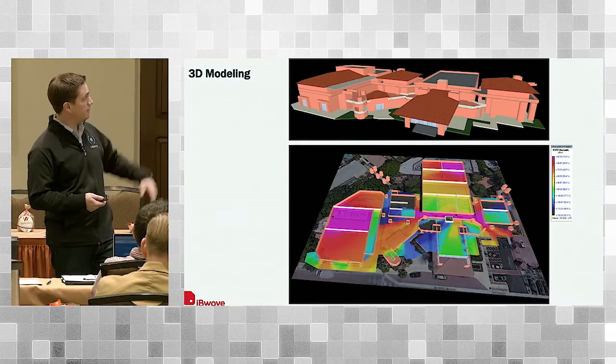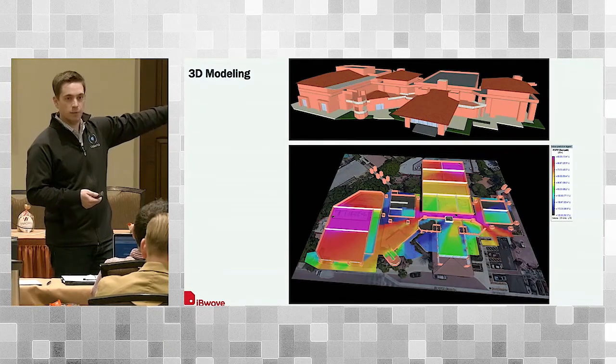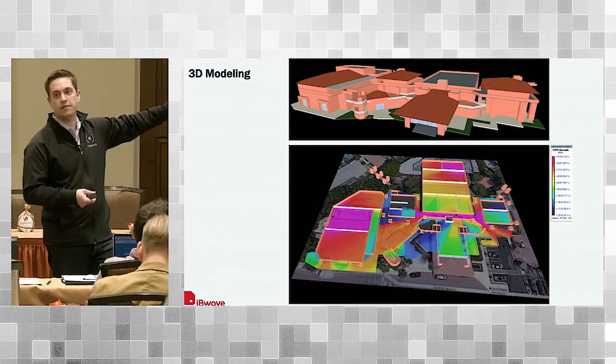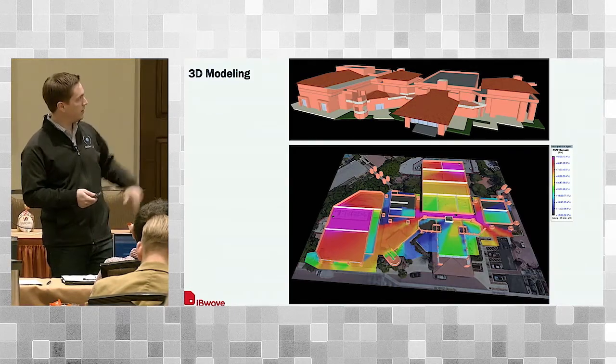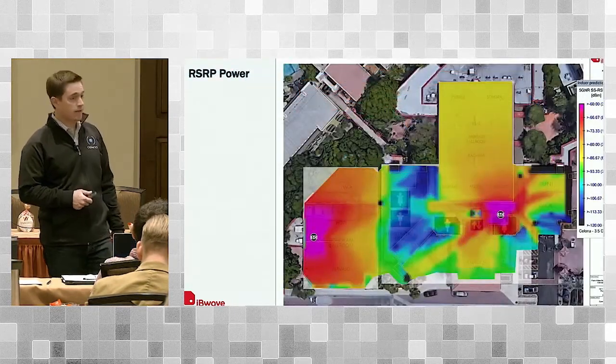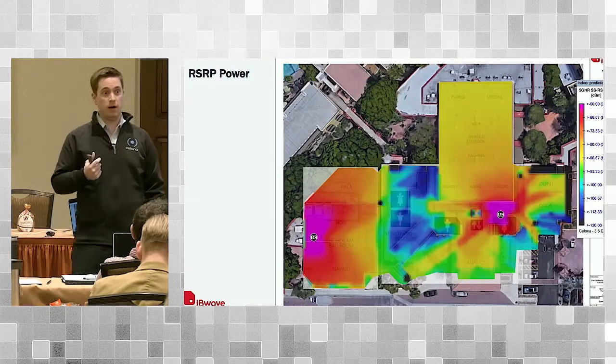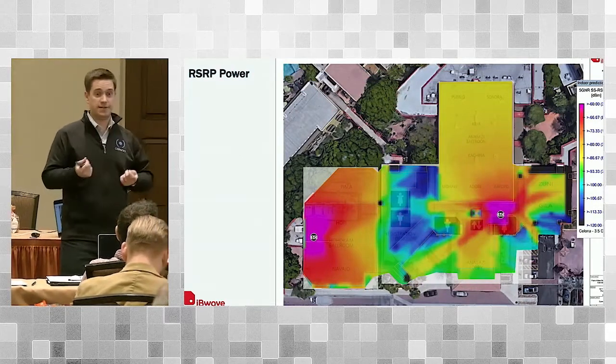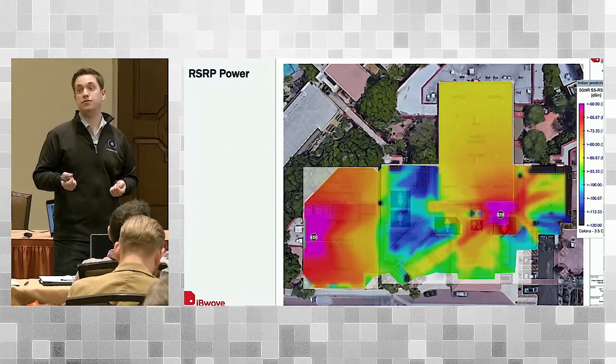You can see this is the RSRP, which is analogous to RSSI in Wi-Fi world, the signal strength throughout the environment. So RSRP is receive signal, receive power. Essentially, it's a dBm value for signal strength.